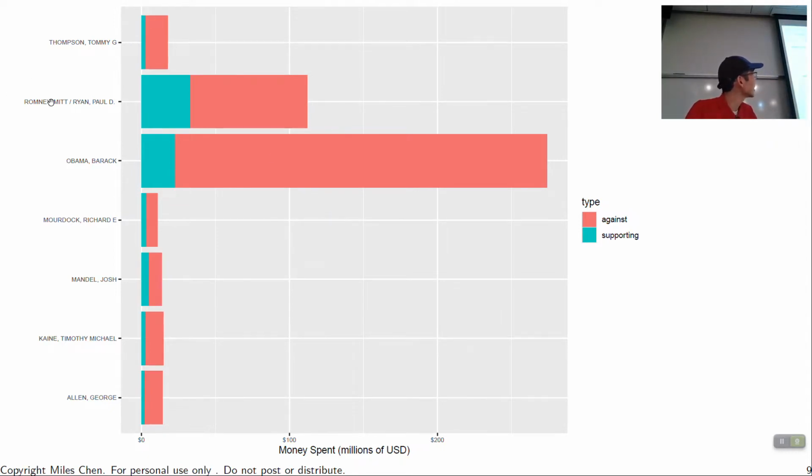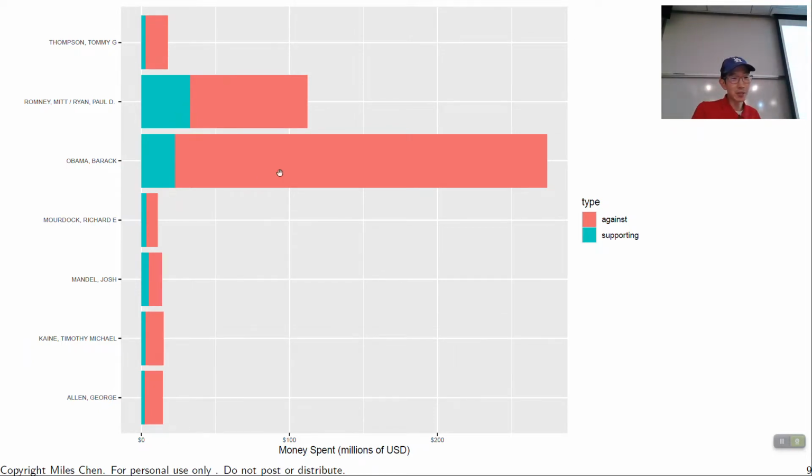If we look at Romney versus Obama here, when you look at how much money was spent, we see that although more money was spent on Obama, it was vastly more negative and against. As far as money spent supporting Obama, it was actually less than the money spent on Romney.